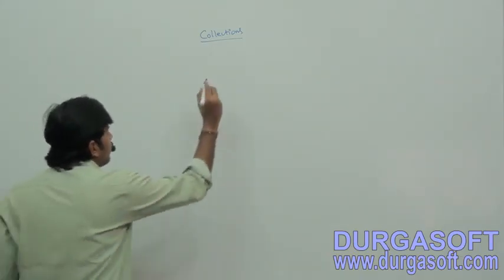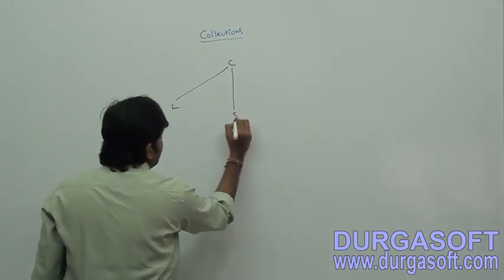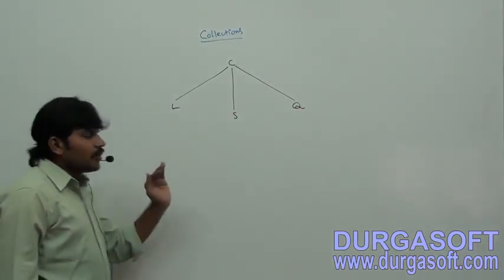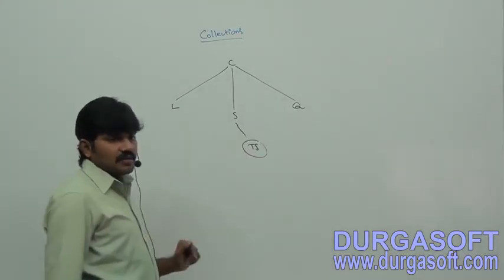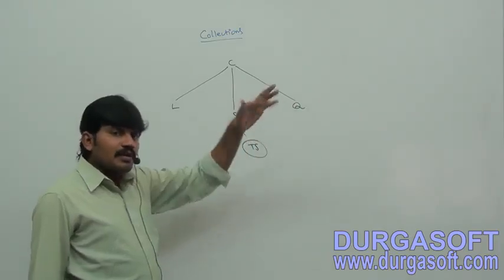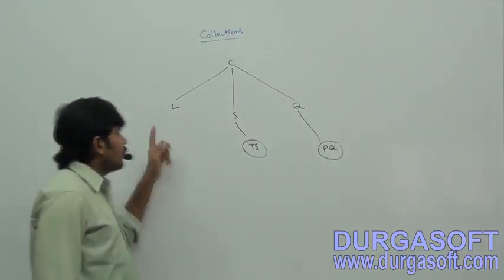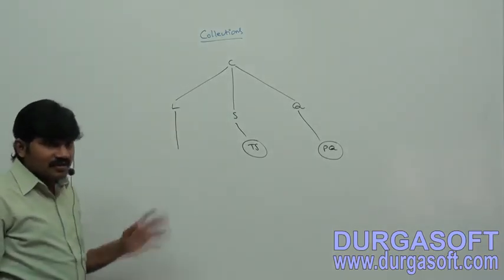Best example: if we consider Collection, List is there, Set is there, Queue concept is there. Sir, if you want sorting for the set, TreeSet is there. TreeSet talks about sorting. If you want sorting for the queue, PriorityQueue is there. But if you want sorting for the list, there is no sorting type of terminology.